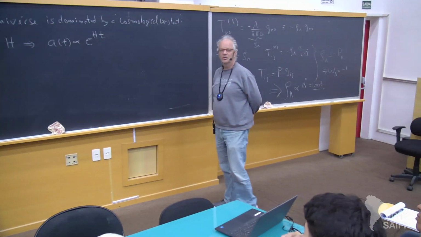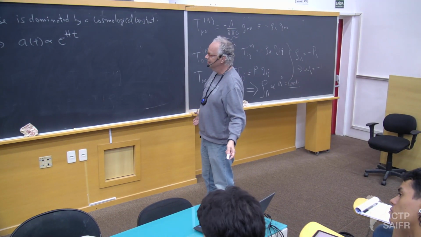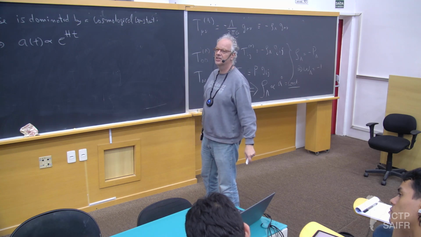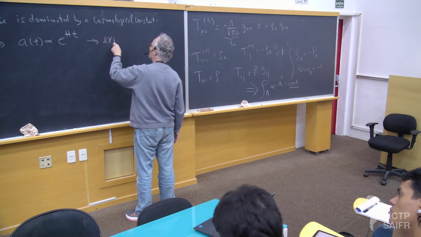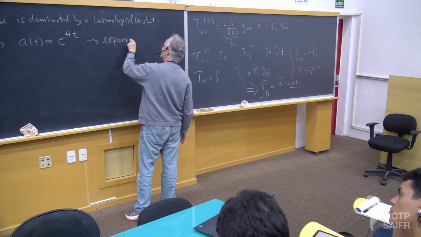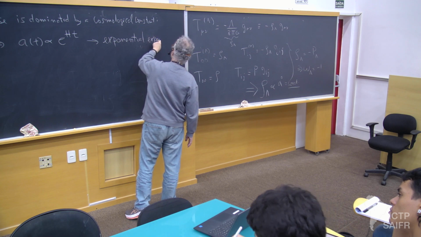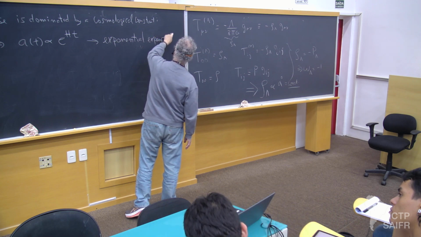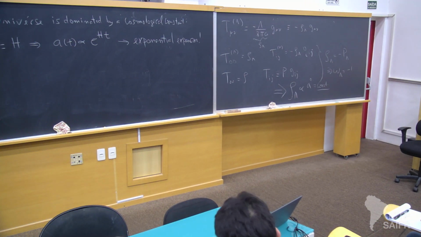If the universe is dominated by a cosmological constant, the scale factor changes exponentially. So it's an exponential expansion. So we are in a phase where the universe is expanding exponentially.